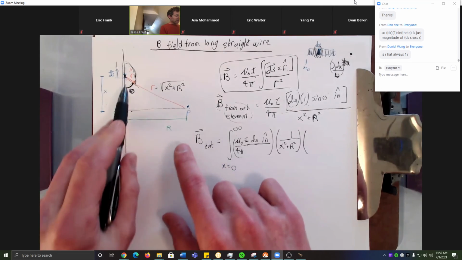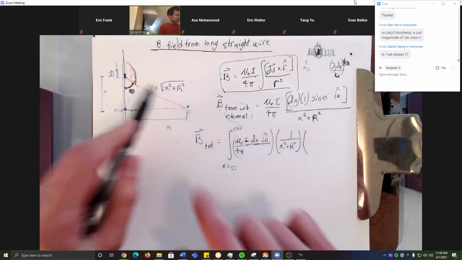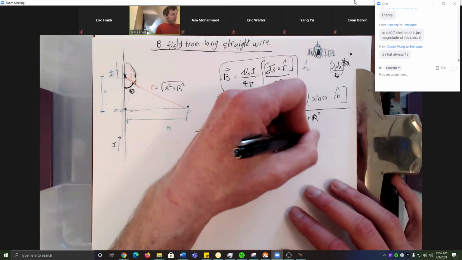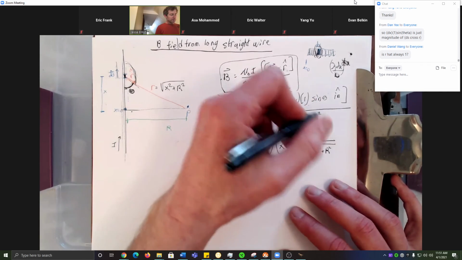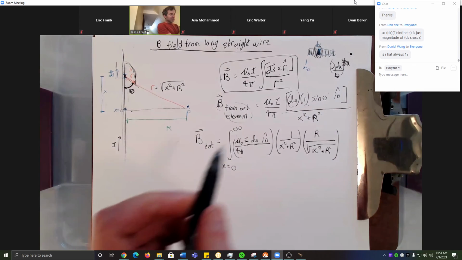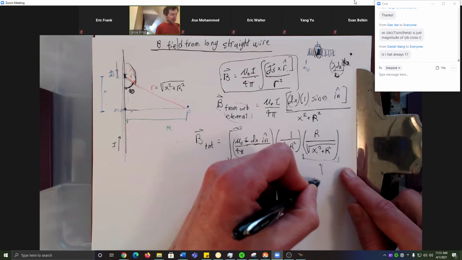Sine of this angle is going to be this over that. So that's going to be r over square root of x squared plus r squared. And so this is sine theta.